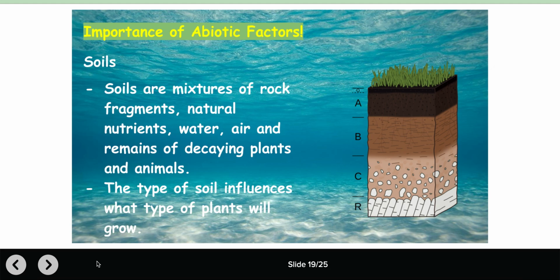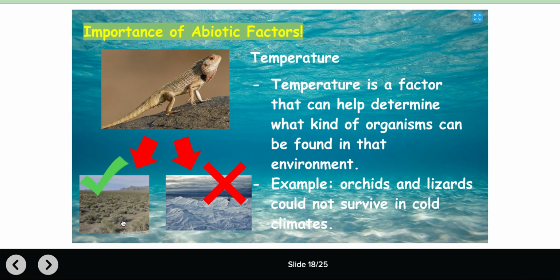And then the type of soil influences what type of plants will grow, because every kind of plant needs a different kind of soil. Some need a very dense soil that really retains water well, and other kinds of plants, such as in this picture over here in this desert, this soil is more dusty.